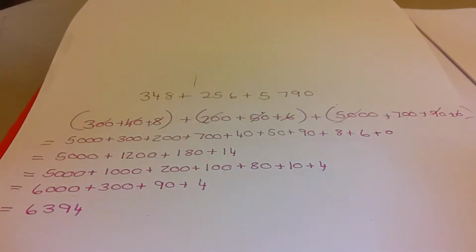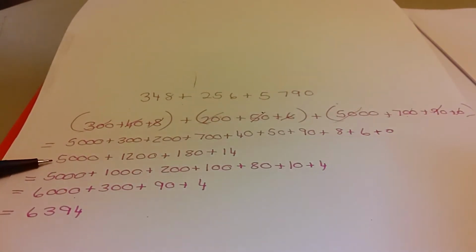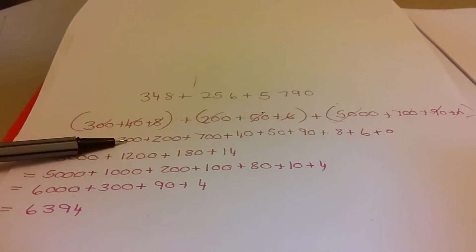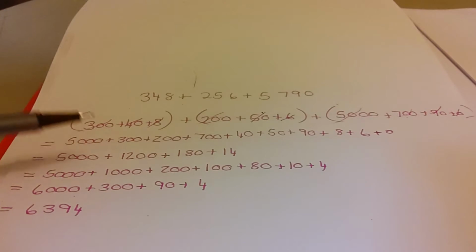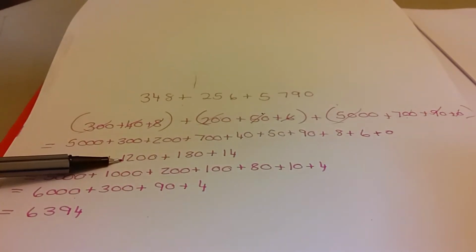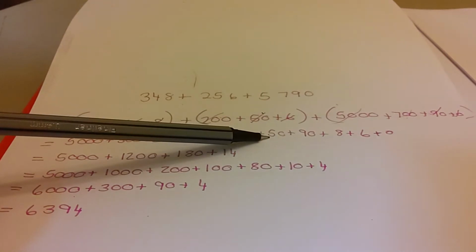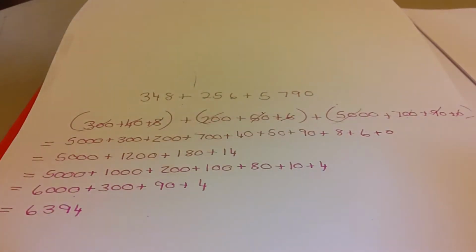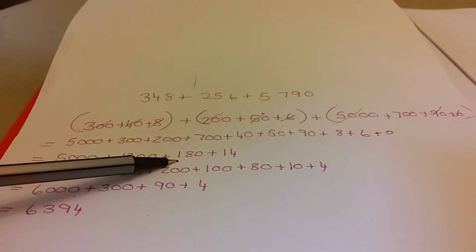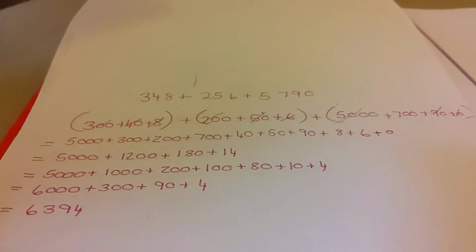So then my next step would be to add my thousands. I've only got 5,000, so I write it down. 300 plus 200 plus 700 gives me 1,200. 40 plus 50 equals 90, plus another 90 equals 180. 8 plus 6 equals 14.